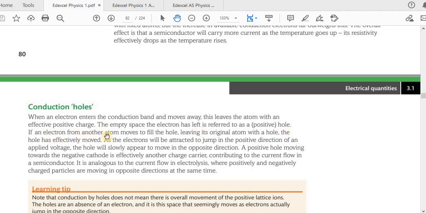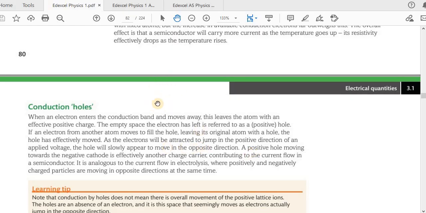If an electron from another atom moves to fill the hole, leaving its original atom with the hole, the hole has effectively moved, as the electrons will be attracted to jump in the positive direction of an applied voltage. So when you apply a voltage, the electrons move towards the positive terminal of that power supply. The hole will slowly appear to move in the opposite direction.